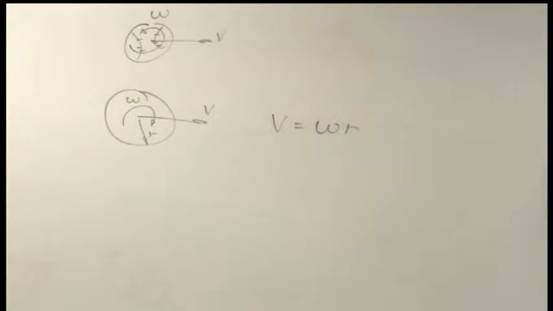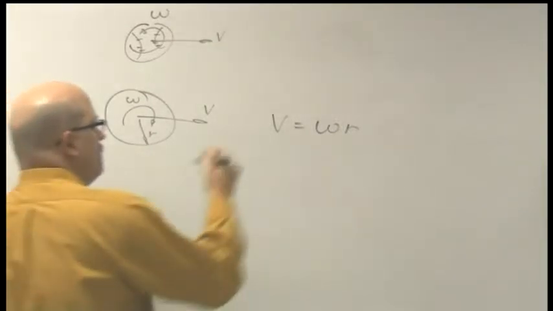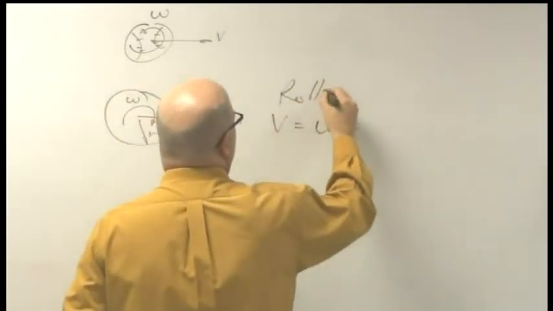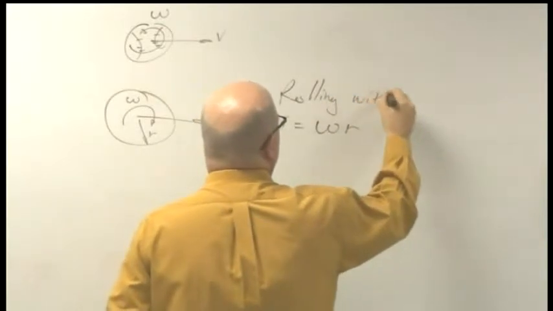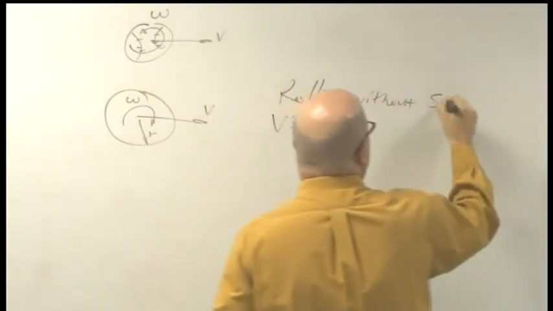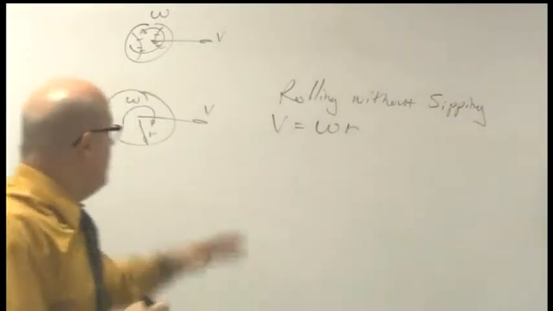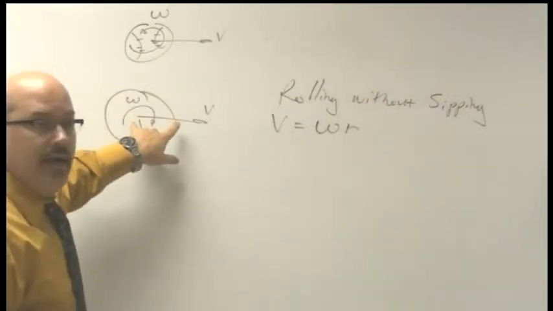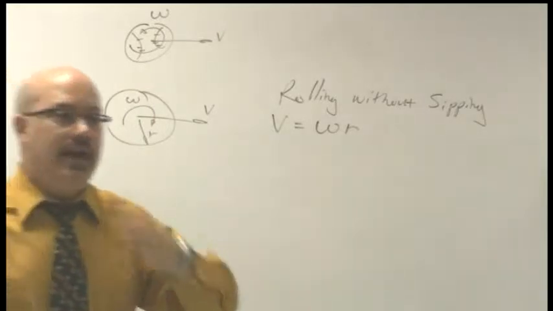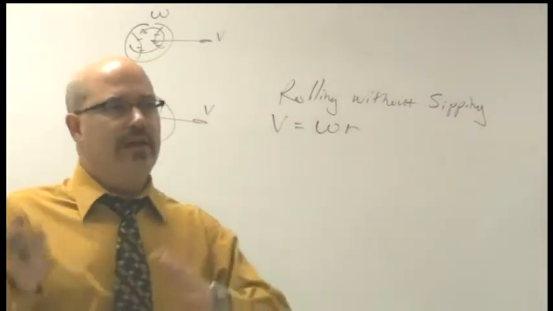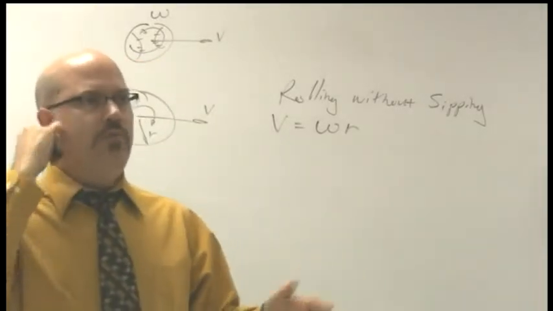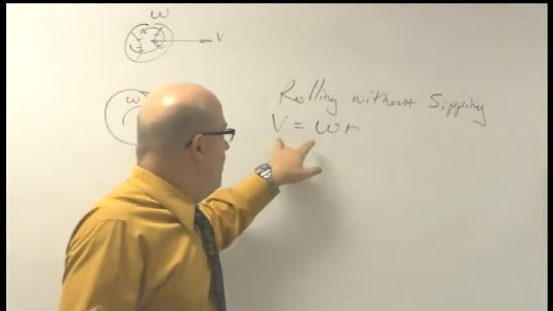So if we have a rolling object rolling without slipping, then translational kinetic and rotational kinetic energy will be related because their velocity and omega will be related.